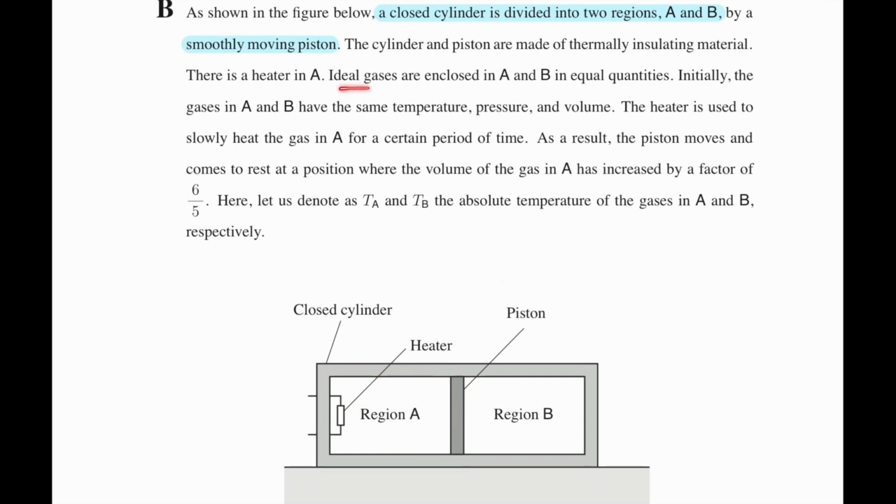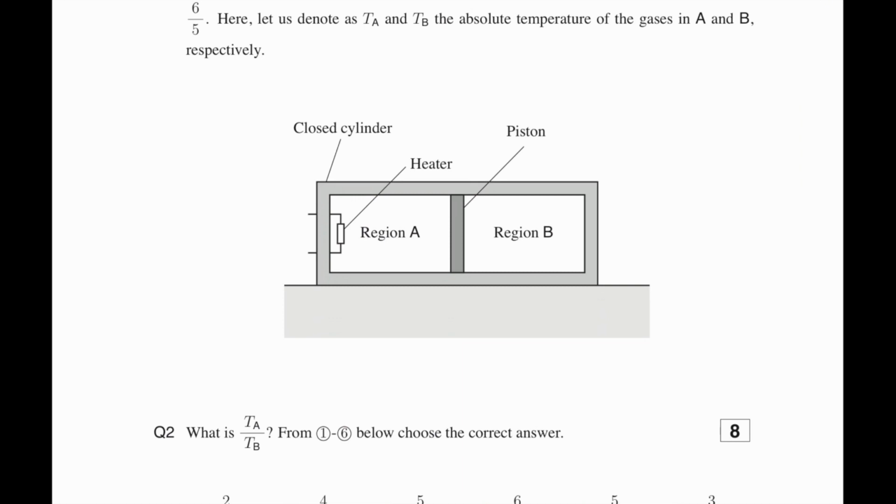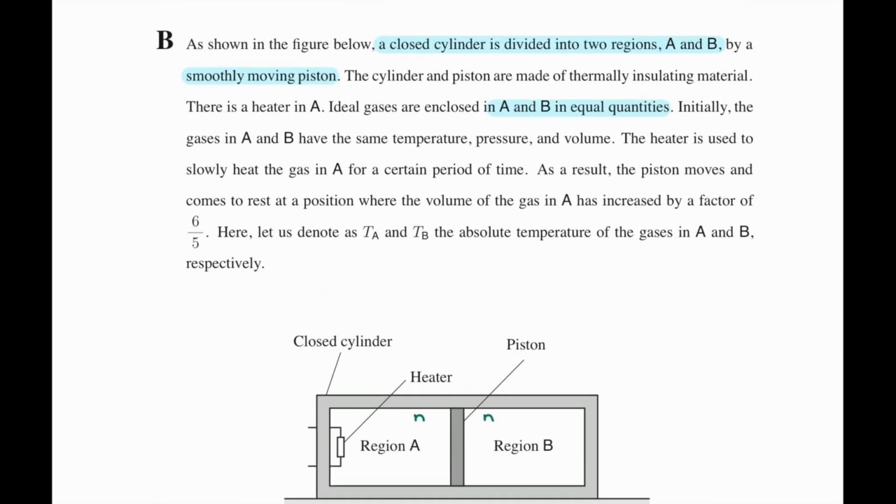Ideal gases are enclosed in A and B in equal quantities. So you have ideal gas with equal quantities. Quantity of ideal gas is represented by the number of moles. The number of moles is usually written as M. So if I write down here, the number of moles in region A is M. The number of moles in region B is also M. They both have the same number of moles.